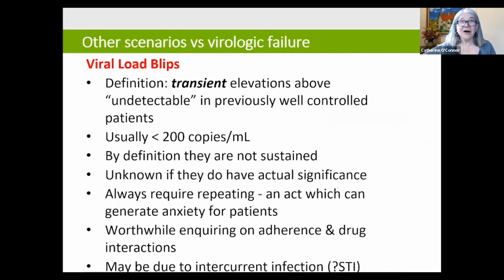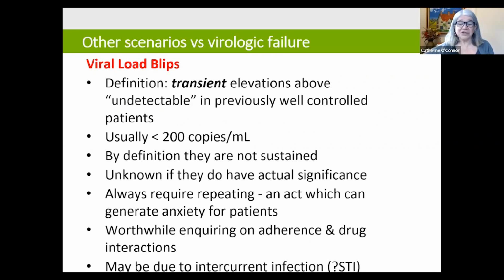So there are other scenarios apart from virological failure that we need to be aware of. First of all, you can have a viral load blip, and this can be a transient elevation above undetectable in a previously well-controlled patient. And this blip is usually less than 200 copies.